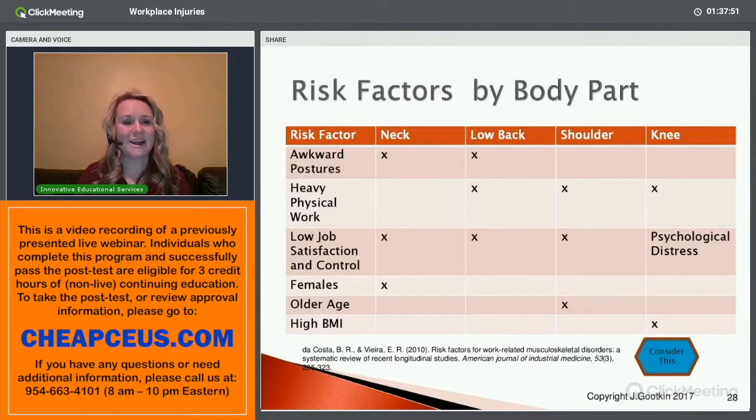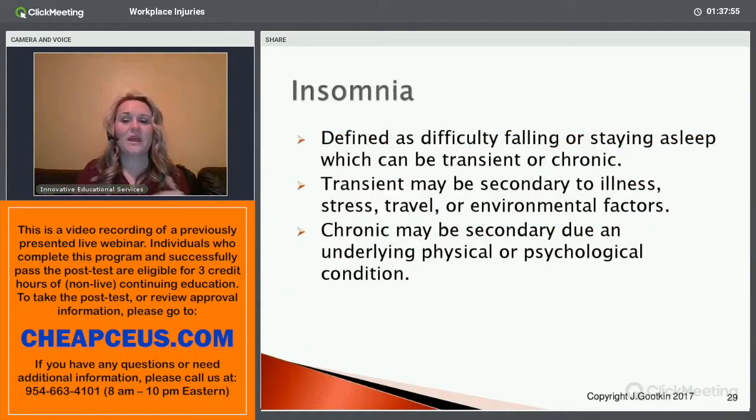Another aspect that comes up is insomnia. As we look at causative factors, we know individuals, right, we're all overworked, right? Everyone is very busy, but for some individuals, they have a condition called insomnia that is not just transient.